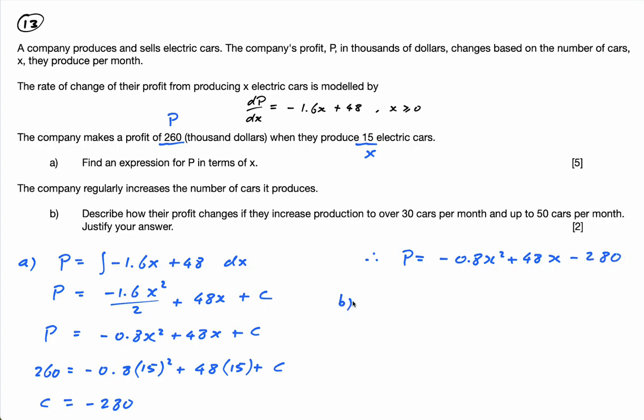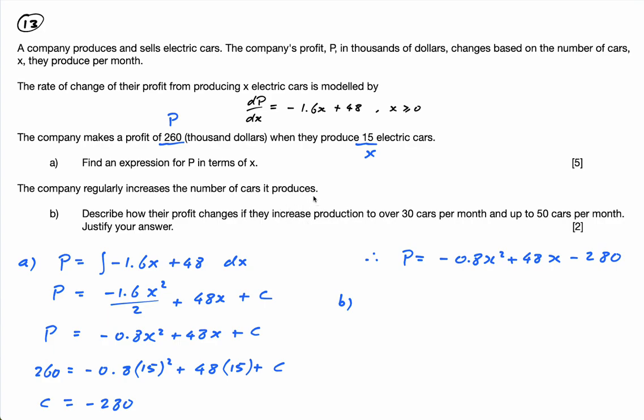Part B. The company regularly increases the number of cars it produces. Describe how their profit changes if they increase production to over 30 cars per month and up to 50 cars per month. So basically, it's not like the more cars they produce, the more profit they make. For some reason within the business, there's an optimum amount of cars to produce.